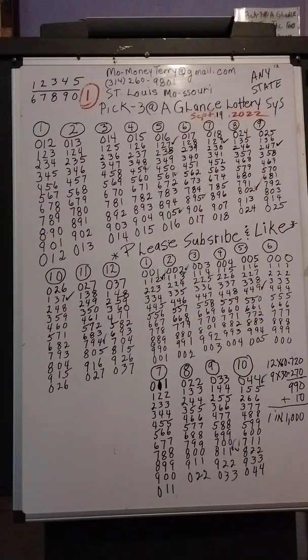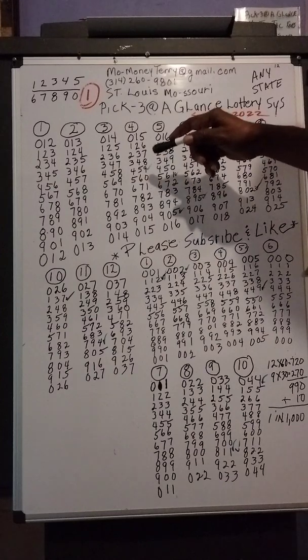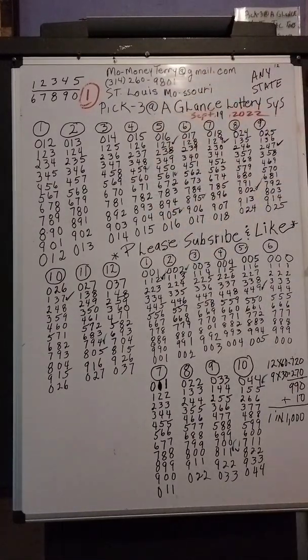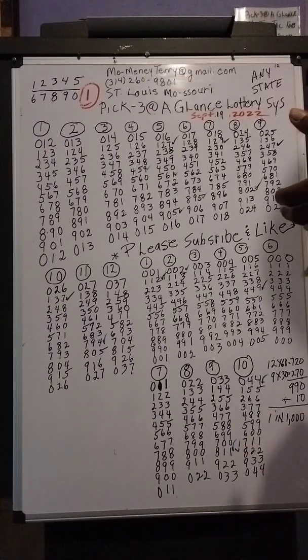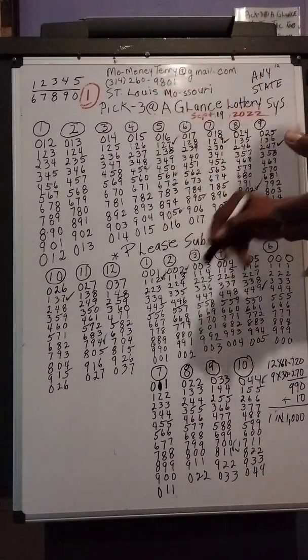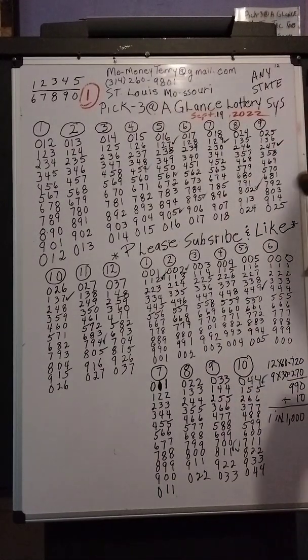Now, the beauty of this is all of the mirrors. In the pick three world, you're going to hear a lot about mirror numbers and sister numbers. Okay? On this here, with the rundown, mirror numbers and sister numbers are basically just numbers that are opposite each other. That's all they are.